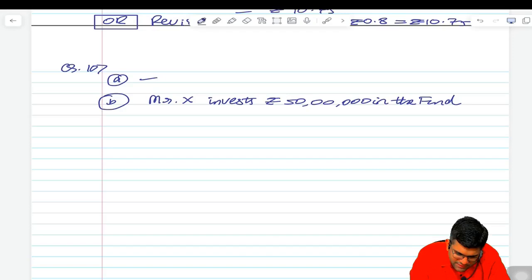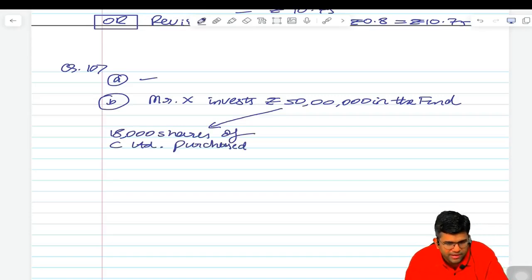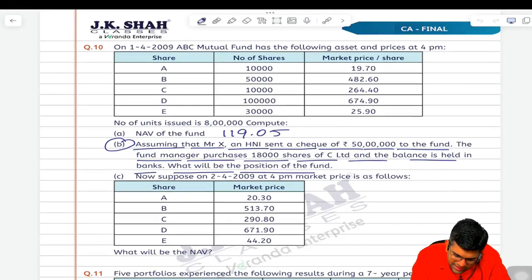So, of this 50 lakh, what does the mutual fund do? 18,000 shares of C Limited purchased. Correct? Now, C Limited, do you realize, is trading at 264.4.